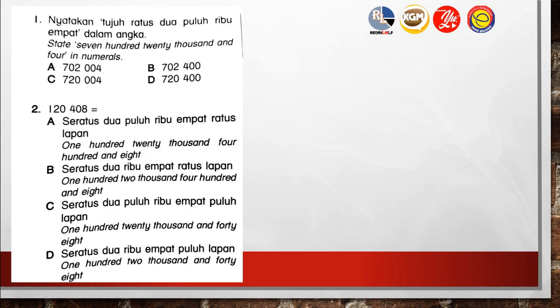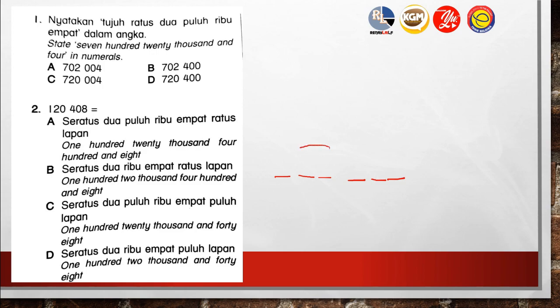Let's look at number 1. 720,004 in numerals. 720,000 means you have a 6-digit number.